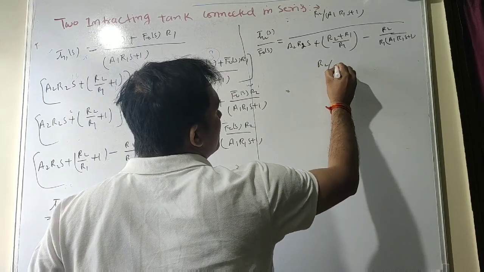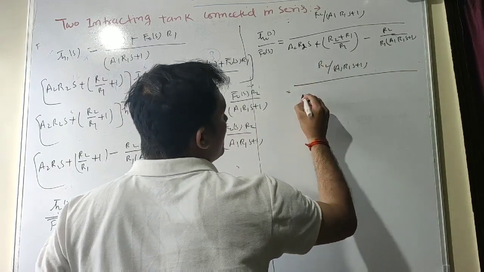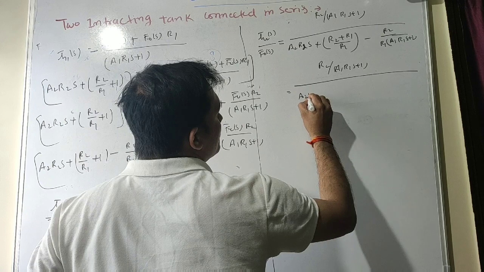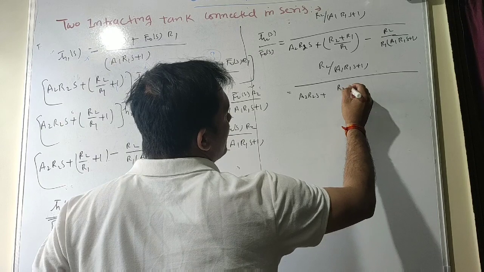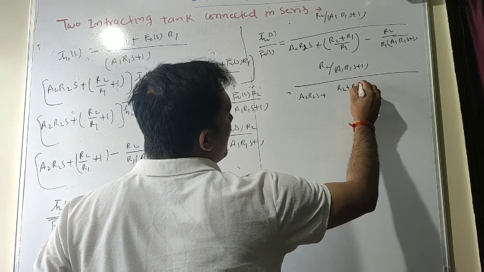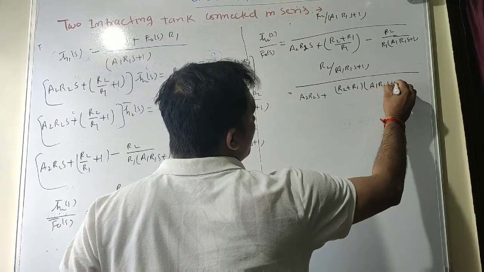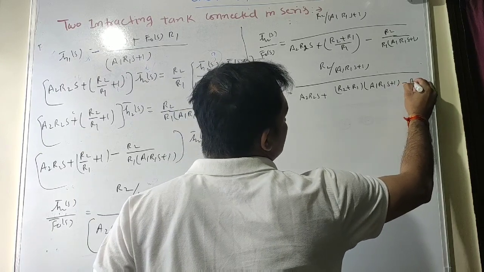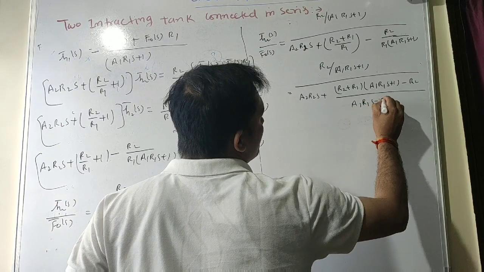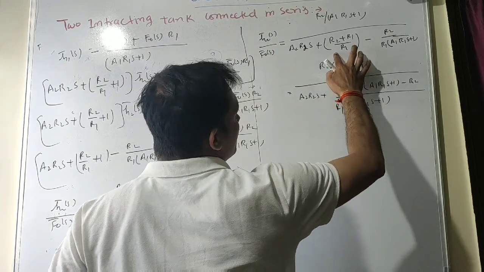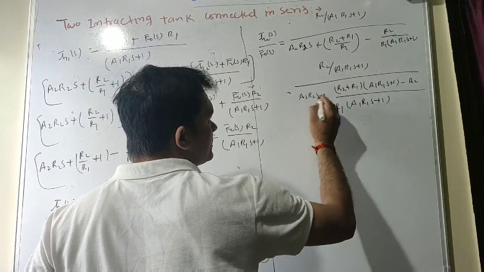Similarly, if we solve a1 r1 s plus 1 by taking the LCM, this is a2 r2 s plus 1, this will give us r2 plus r1 into a1 r1 s plus 1 minus r2 divided by a1 r1 s plus 1 into r1. We have taken the LCM of these two, r1 a1 r1 s plus 1, and on solving we will get this.